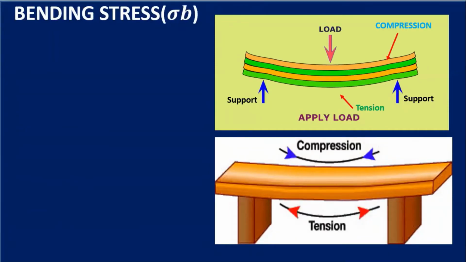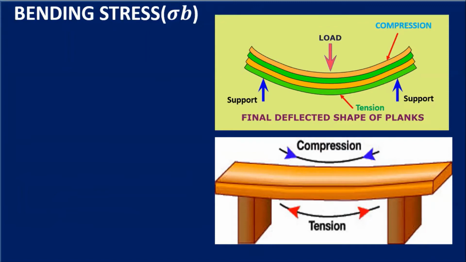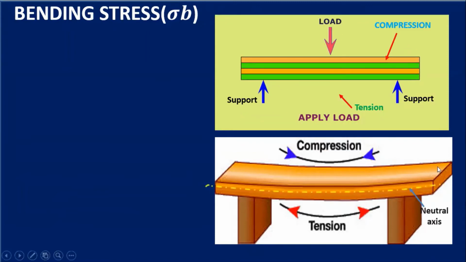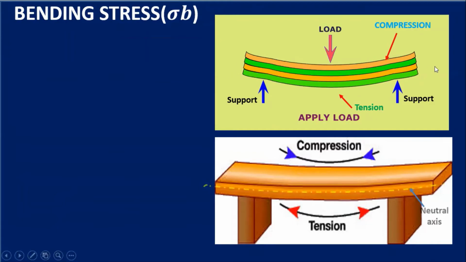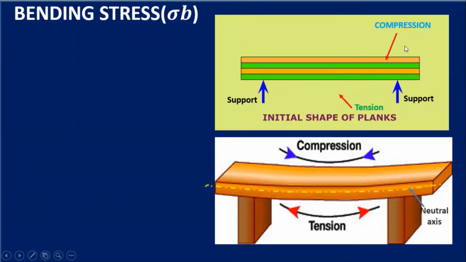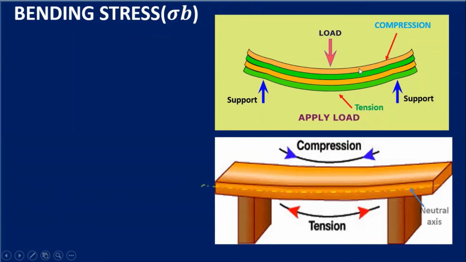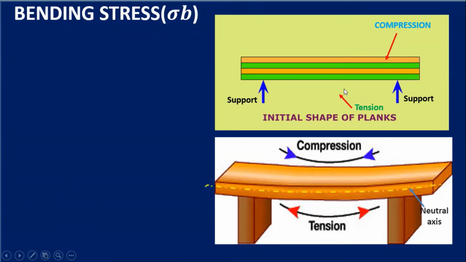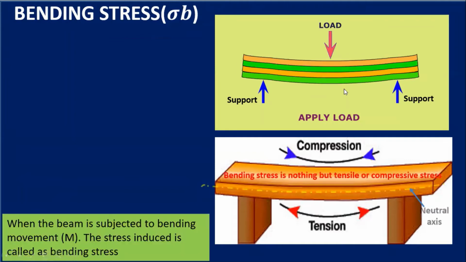Now the upper surface or upper fiber from the neutral axis, this is the neutral axis, or here also at the center there will be a neutral axis, goes under compression, while the lower surface from the neutral axis goes under tension.